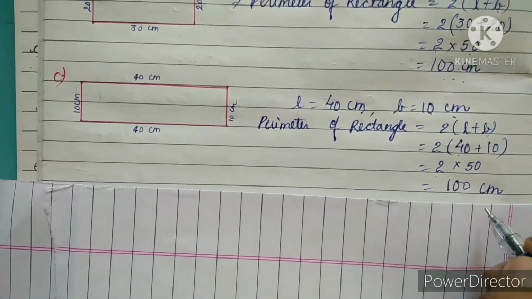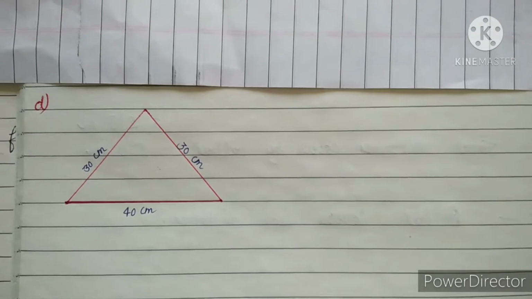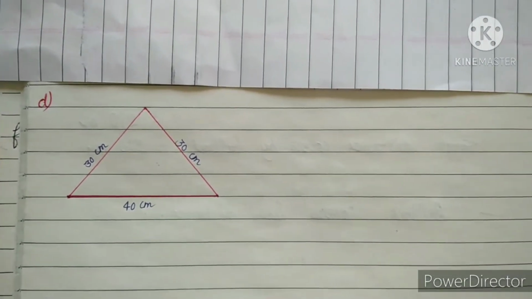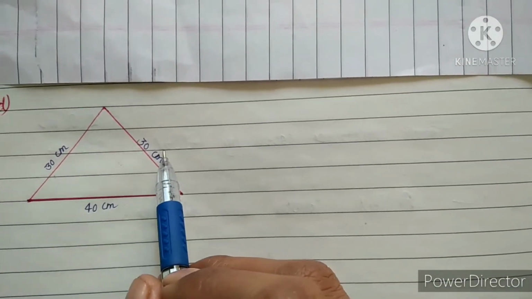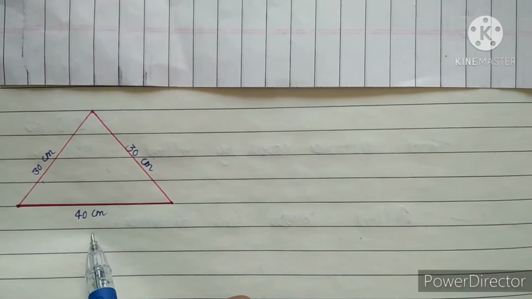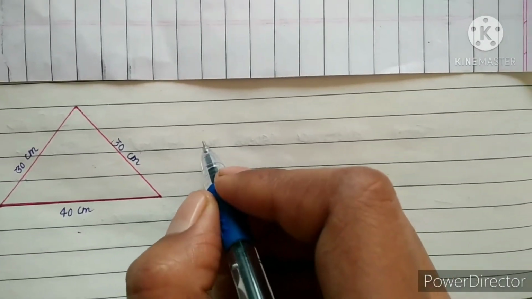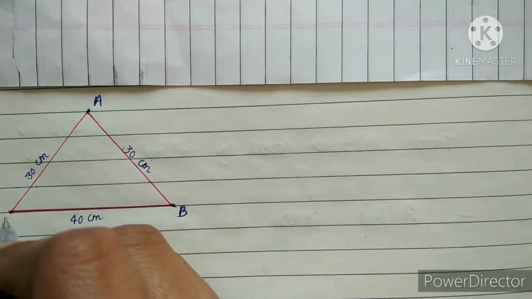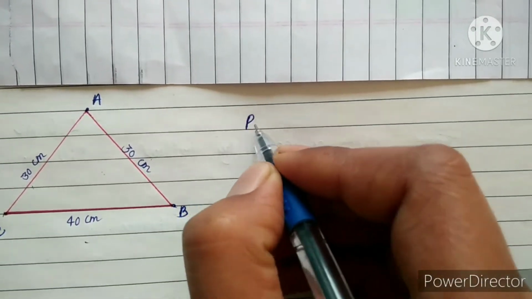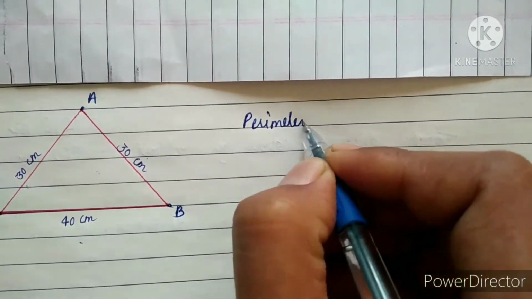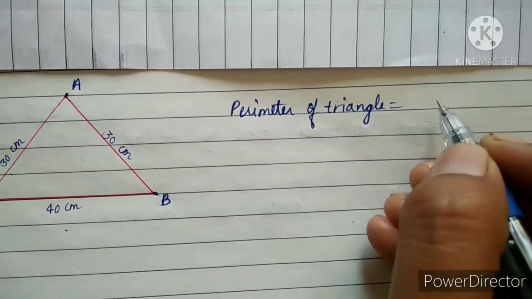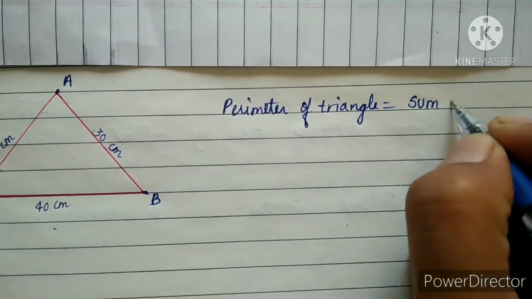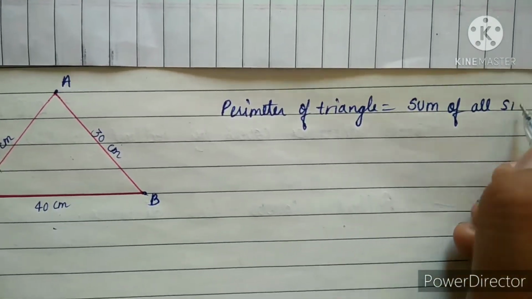Now the last of question number 16 is a triangle-shaped figure. This figure has two sides of 30 centimeter and the last side is 40 centimeter. So we will put the vertex names as A, B, C. What is the perimeter of any figure? The perimeter of any figure is the sum of all sides.